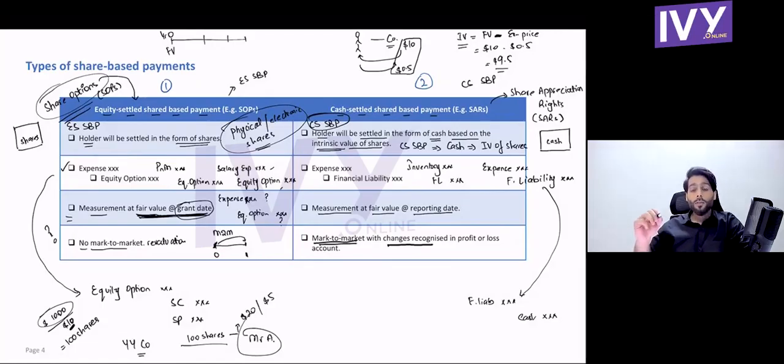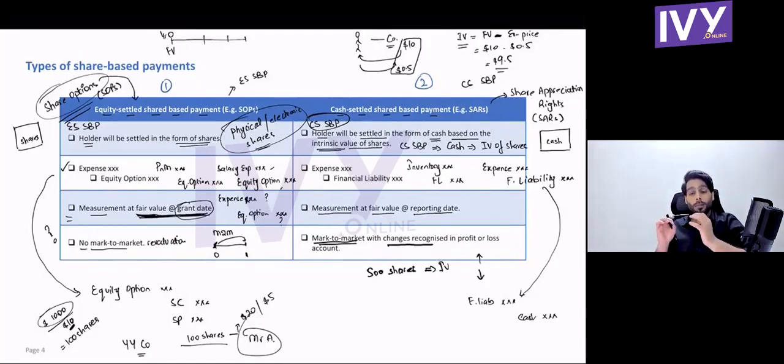Obviously, in the case of cash settled share based payment, you had promised the other person cash based on the value of shares. Now, if you have promised someone that after 3 years I'm going to pay you cash which is equivalent to the intrinsic value of 500 shares, there is a good possibility that the market may go up or the market may go down, and as a result of that you may have to pay more or less at the vest date.